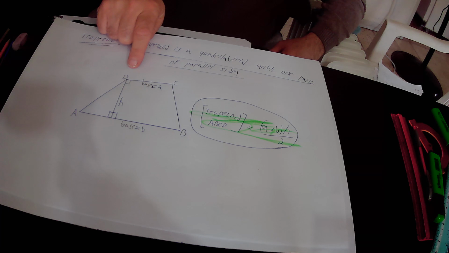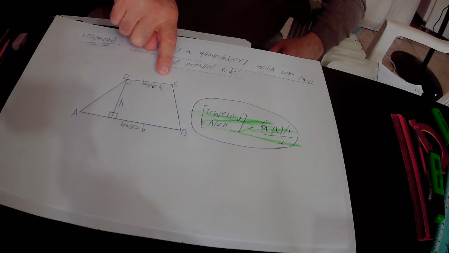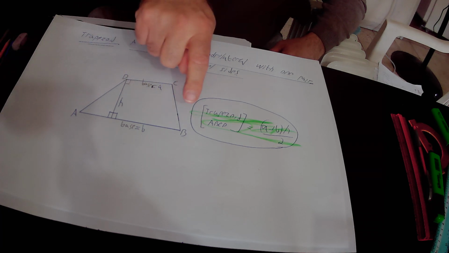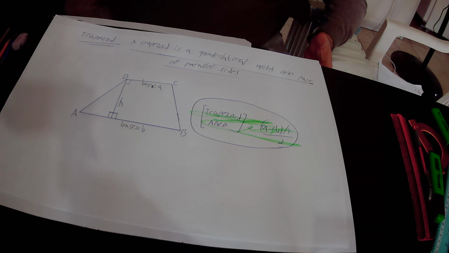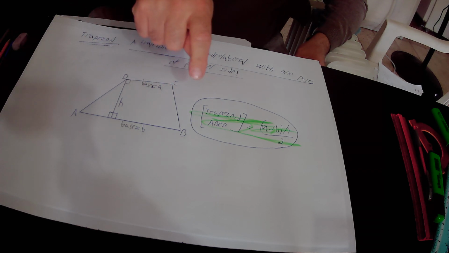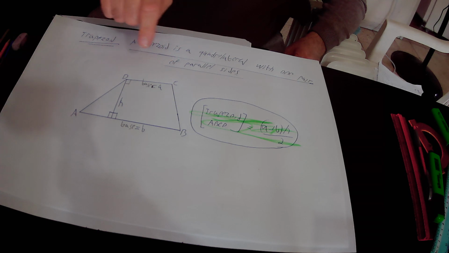And we know that DC equals a, AB equals b. So the area of this trapezoid ABCD is equal to the sum of its bases, that is to say DC plus AB. DC is a, AB is b, and therefore it is a plus b times the height to the base, that is h, over 2.